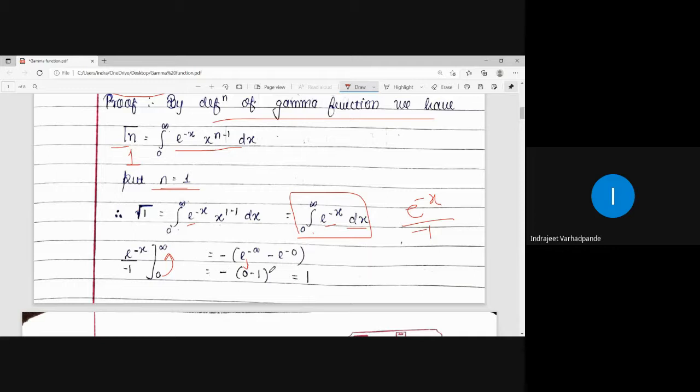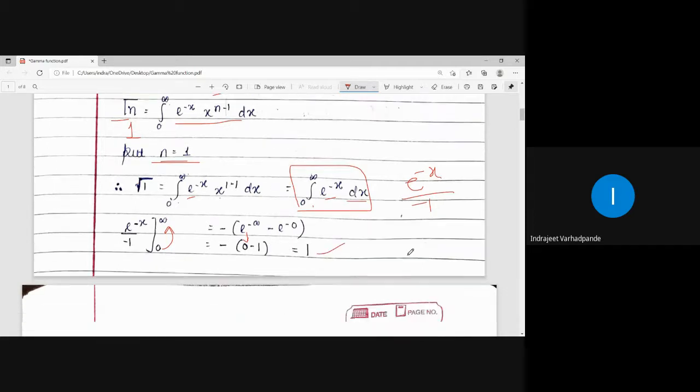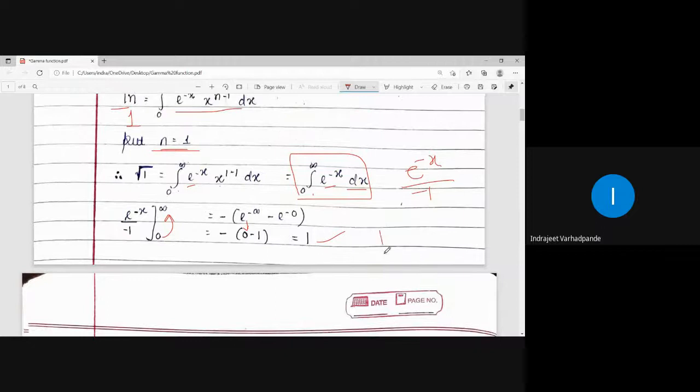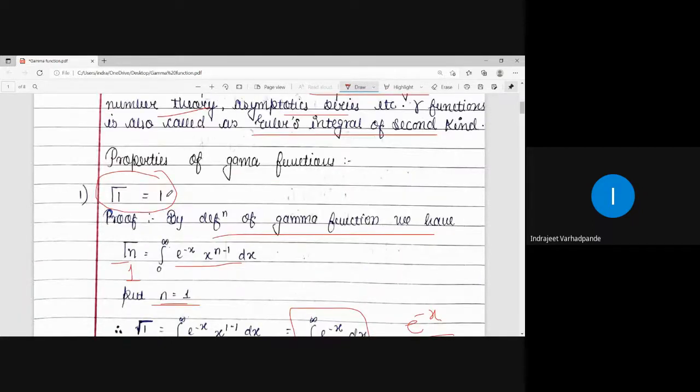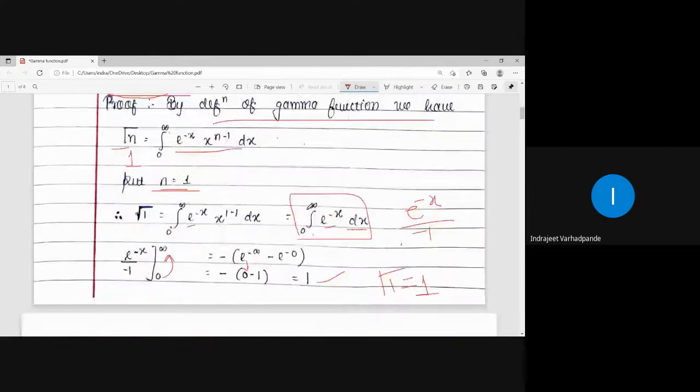Minus of minus will become plus, and therefore I get the result gamma 1 is equal to 1. That is how we get the first result with the use of the definition of the gamma function. How to read this? Gamma 1 is equal to 1.